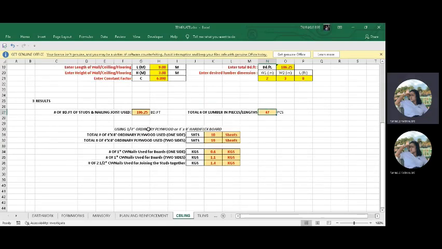So for using 1/4 ordinary plywood or 4.8 hard flex board, the total of 4 times 8 ordinary plywood used on one side is 10 sheets. You have 19 sheets for 4 times 8 ordinary plywood used on two sides.